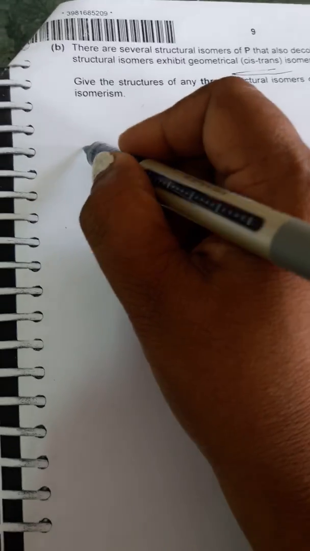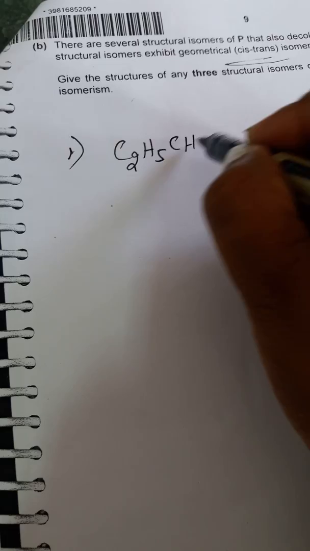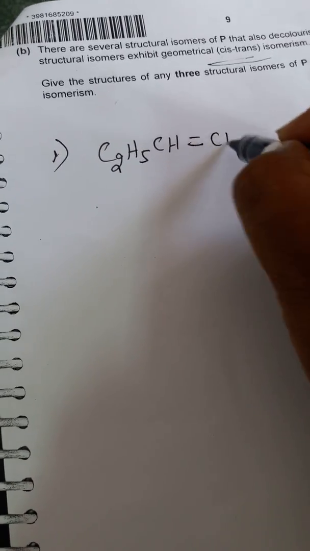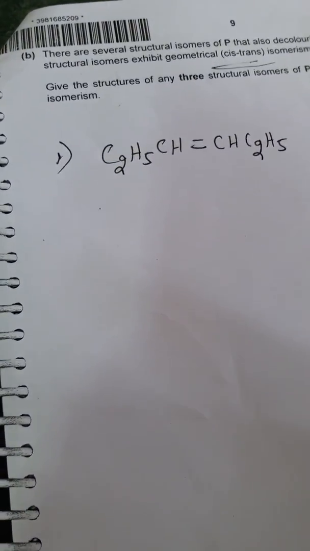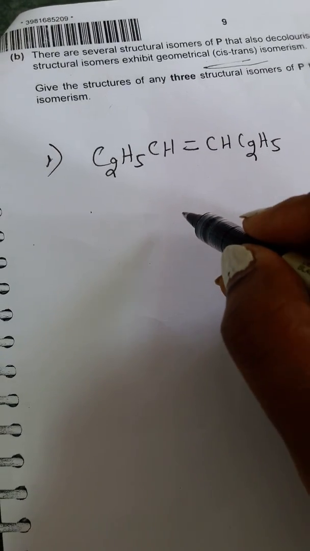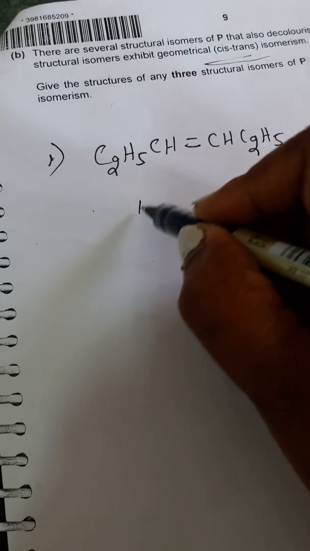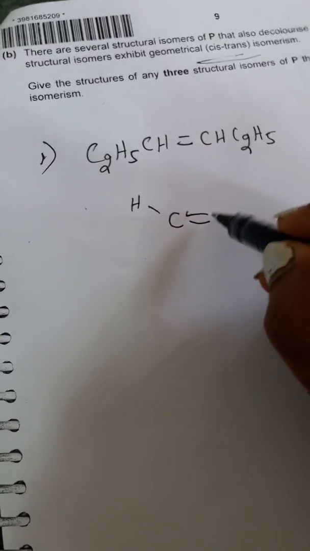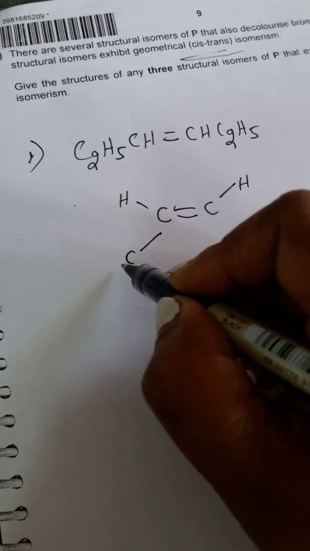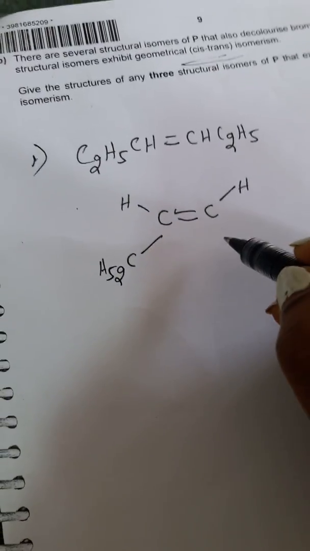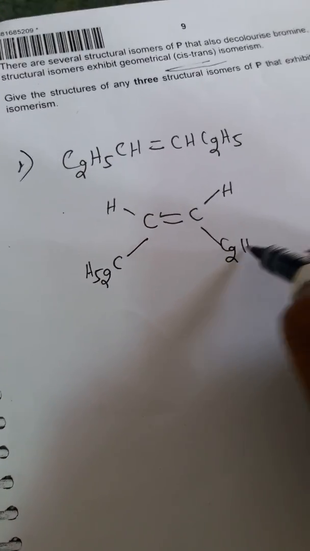Okay. So number 1, for example, you can take C2H5, CH double bond CH, C2H5. Okay. If you take this structure, how will you write it as cis? Cis is H double bond carbon H. So both carbon atoms have H over there, and C2H5, same, C2H5.